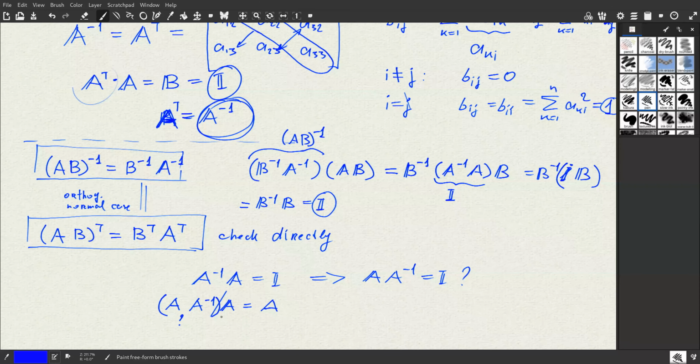But immediately we cannot cancel A on the right-hand side, because this means multiplying by A inverse on the right, but we still don't know that A times A inverse on the right is identity. So we can multiply on the right by A inverse. Okay, let's do it and get A A minus 1, A minus 1 equals A minus 1. Okay, we did.